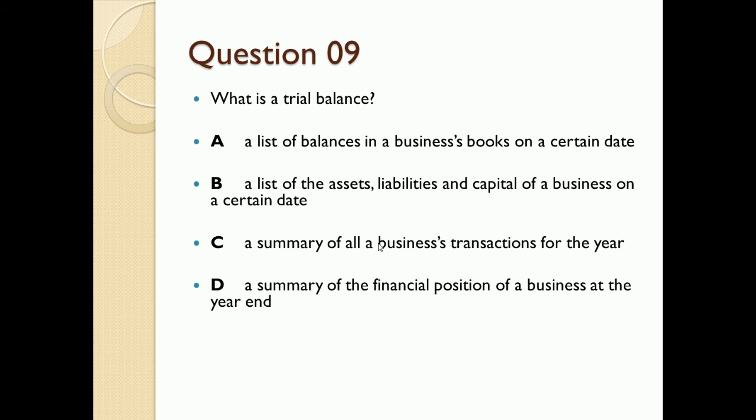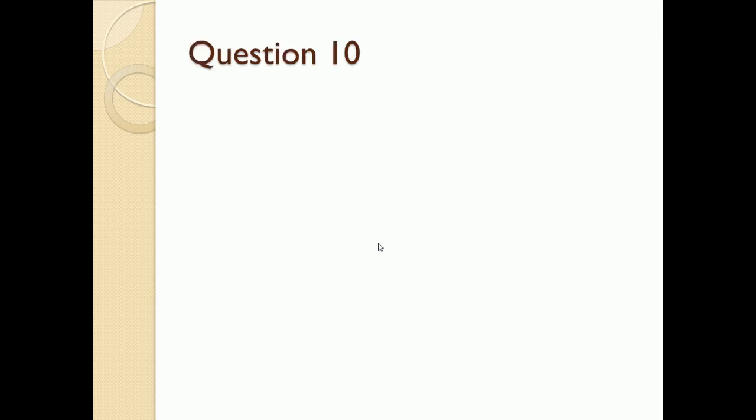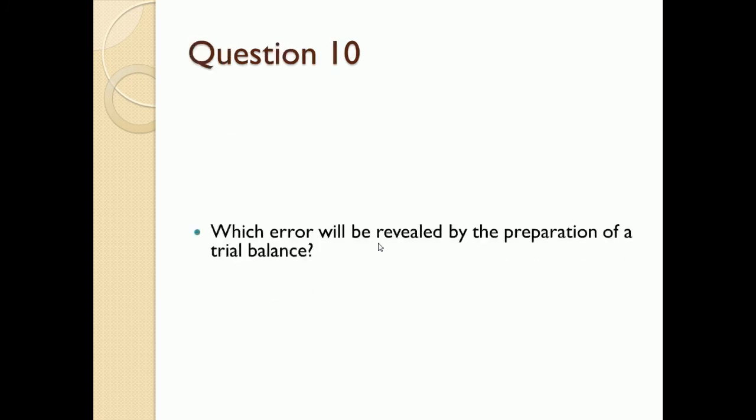So there are straightaway clues about your trial balance, and I guess most of you have the idea. So here is your answer: a list of balances of business books on a certain date. So trial balance is prepared for a single day, okay? It does not reflect the summary of all your transactions, okay?